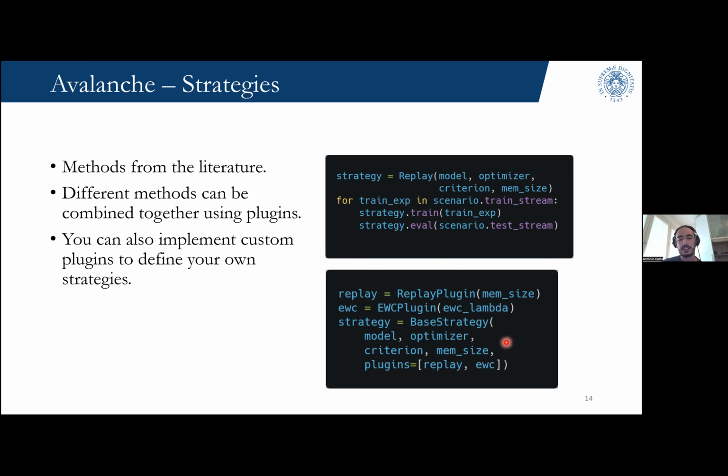This is like saying, do a naive fine-tuning plus a replay strategy plus a regularization strategy. I think this is a very powerful feature of Avalanche, and I don't know of many other frameworks in PyTorch at least that allow you to do this with this kind of level of customization.